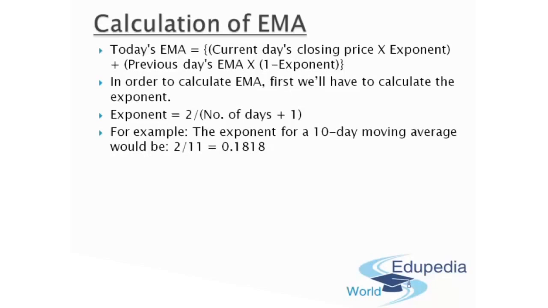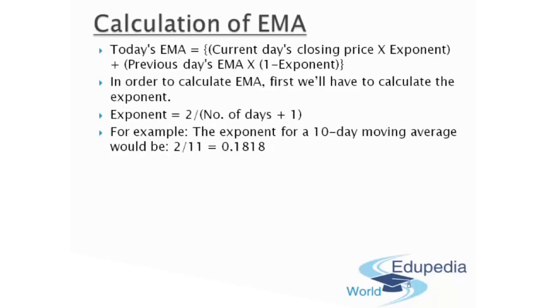If you are calculating the exponent for a 20-day moving average, simple, 2 divided by 21, and that will come to around 0.09. And in case you are going for a 30-day moving average, again simple, 2 divided by 30 plus 1, that is 31.